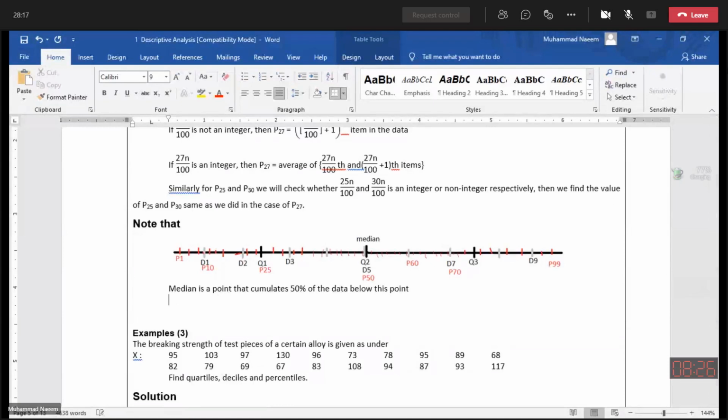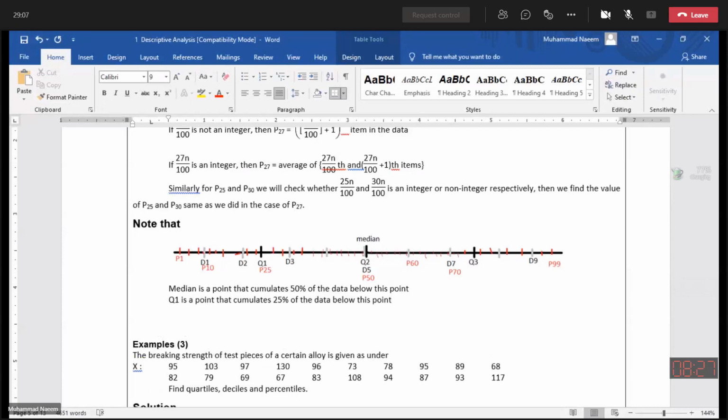Okay, then what about Q1? Q1 is a point that accumulates 25% of the data below this point. Similarly, let's say Q3.